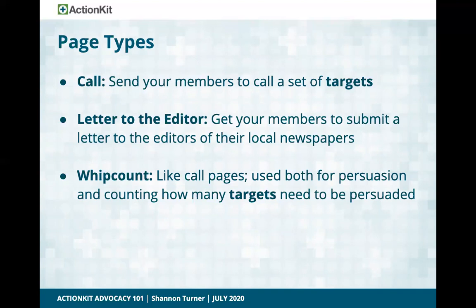Letter to the editor pages allow you to get members to submit letters to the editor of their local and national newspapers. And whip count pages are used for two things. One, for calling to persuade, saying you should vote this way, but also to figure out where your target stands on a particular issue and who still needs to be persuaded to vote your way.